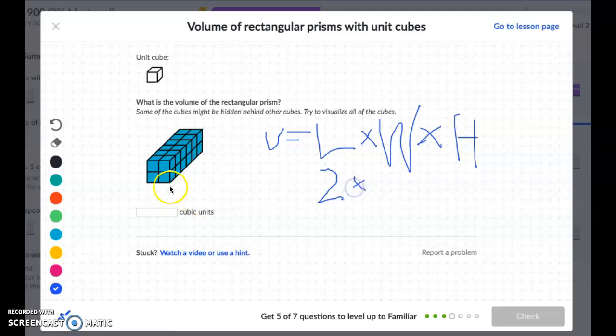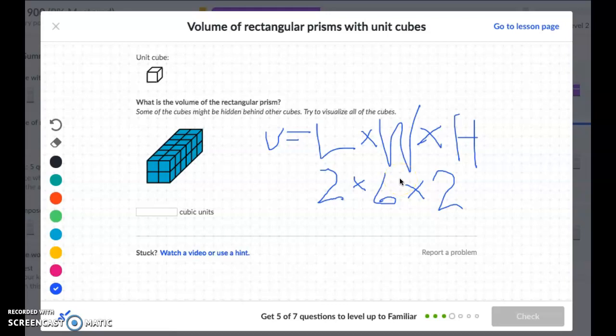And then my width, so how far back does it go? 1, 2, 3, 4, 5, 6. So that's going to be 6. And then how high is my figure? 1, 2. Now sometimes students will mix up the length and the width, or they'll change some of these numbers around.